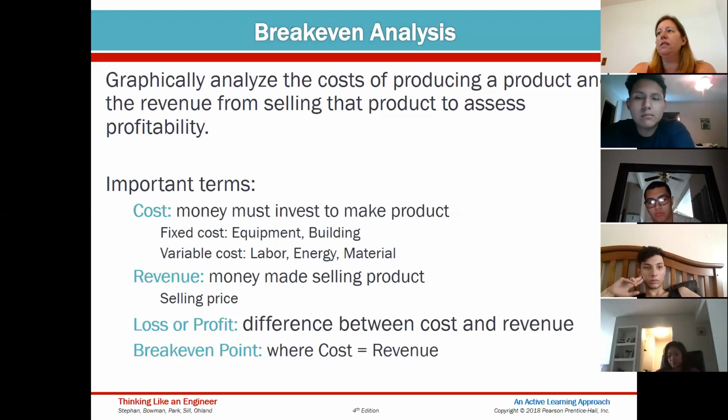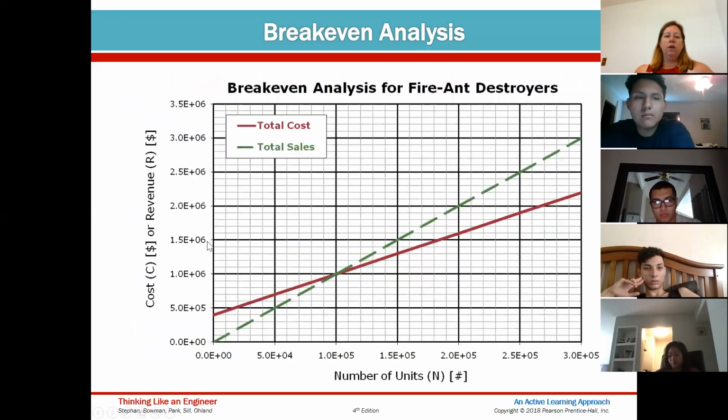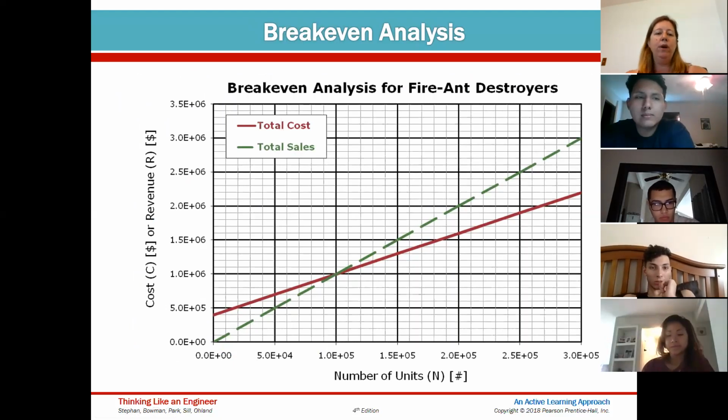So given an example, and this is a very simple example because not everything is going to be nice and linear. If we have our total cost line and it starts, that is the red solid line, you're going to see that the slope of that line is less than the green dashed line on there, which is our revenue line.